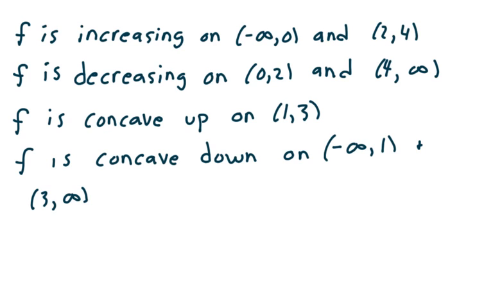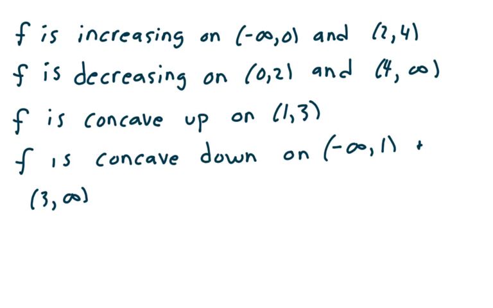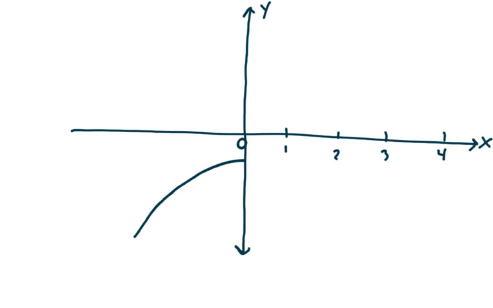So now I'm going to notice that f is increasing on negative infinity to 0. So f is increasing like so, and then up to 0. And then I notice that it's decreasing from 0 to 2. So it's going to decrease from 0 to 2, like so.